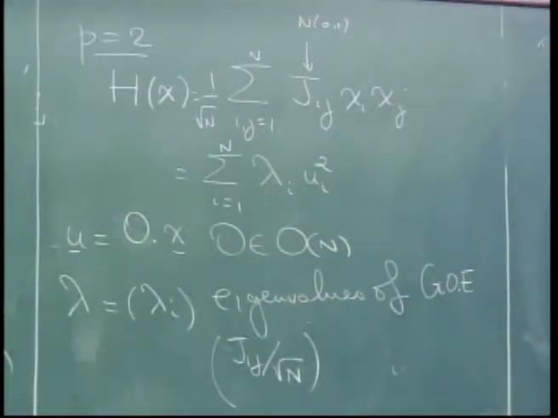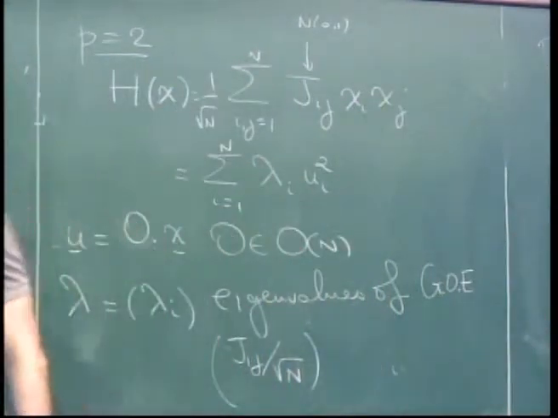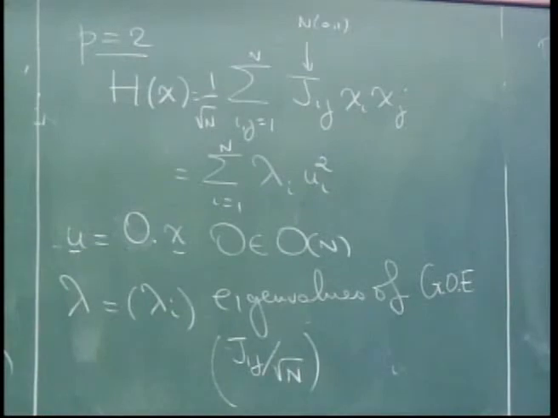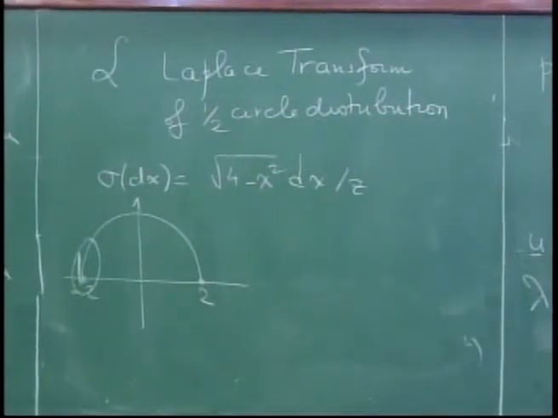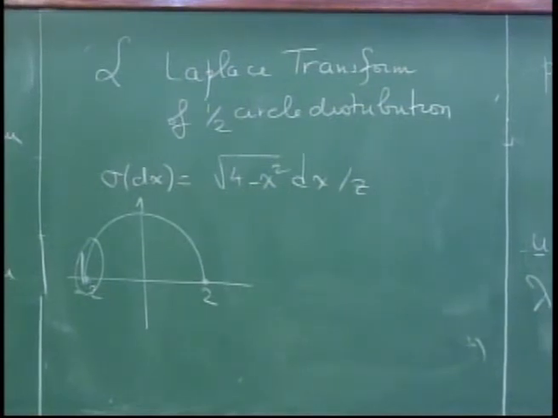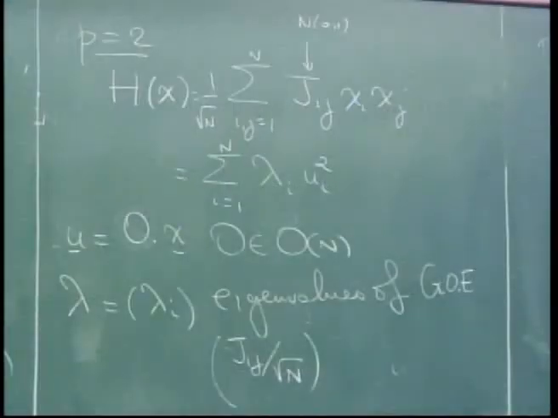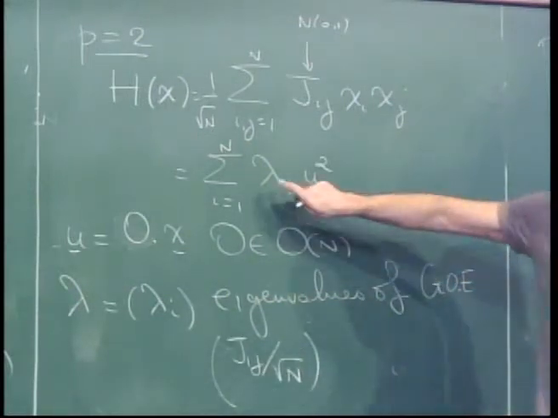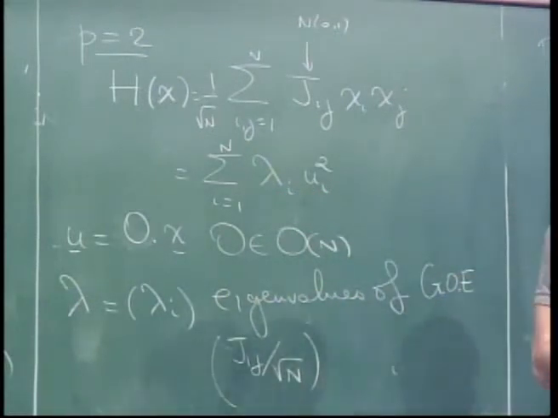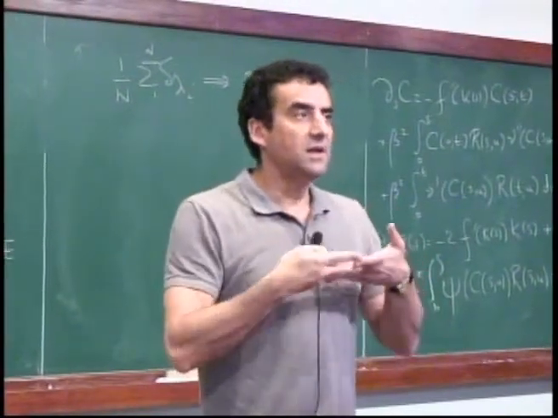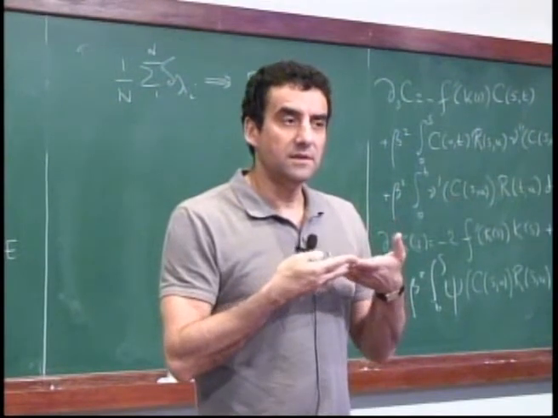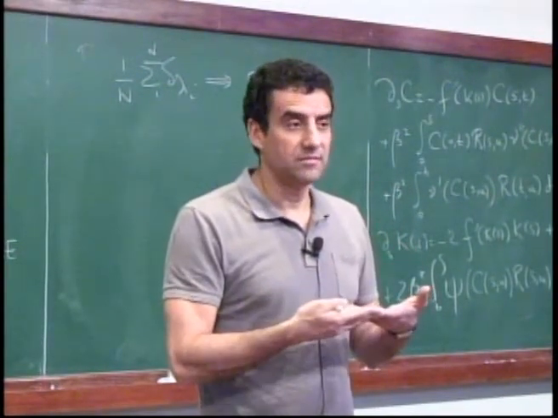So what will really play a role is the edge of this distribution, the small eigenvalues, because these describe the curvature of the bottom of this quadratic well. The curvature is given by the Hessian, by those lambda i's. And so you will have directions where this well is very flat.